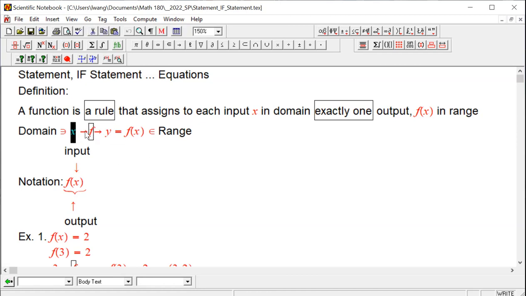We're given input, following the rule, we know the rule and we produce the output. And how do we produce the output? When input is given, we just draw a vertical line. The crossing of that vertical line with the curve gives us the output. So that's the graphical interpretation.